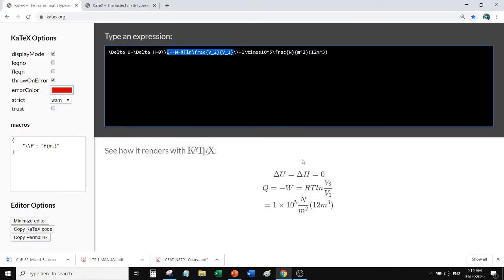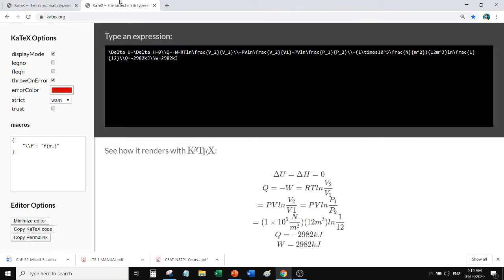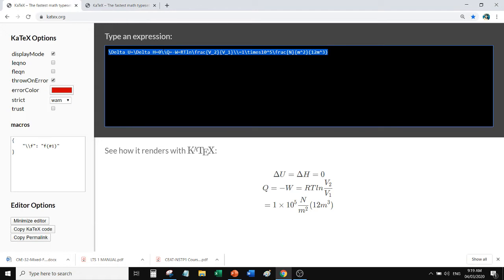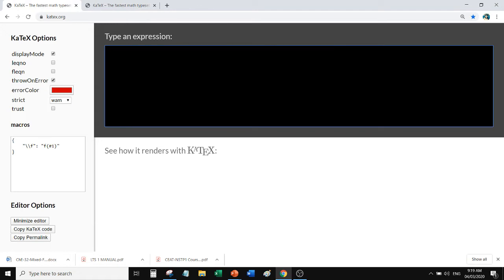So P1 V1 over T1 equal to P2 V2 over T2.